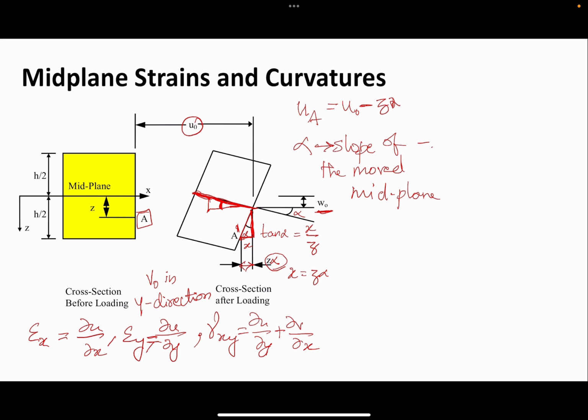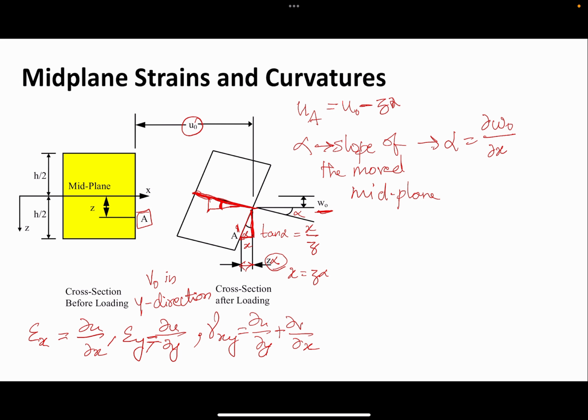So alpha equals, if you look at it as slope, dou w naught, which is the vertical displacement, divided by the horizontal, which is x. Slope is rise over run, dy by dx. But because it's a composite, everything is influenced by everything else. It's all dependent on each other.